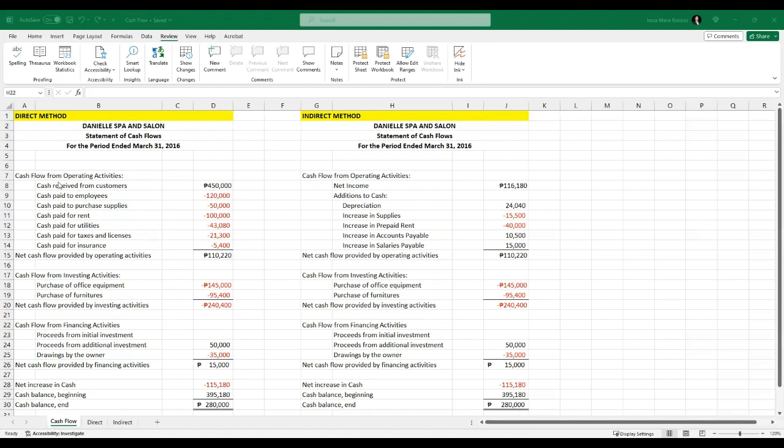The only difference between sa direct and indirect method is that si indirect method, ang style niya is mura nimo siya gina-work back. So mag-start ka sa net income, and then i-add nimo tong mga non-cash transactions na gideduct gikan sa revenue. Okay? Explain ako na later in detail pag ma-discuss na ang problem.